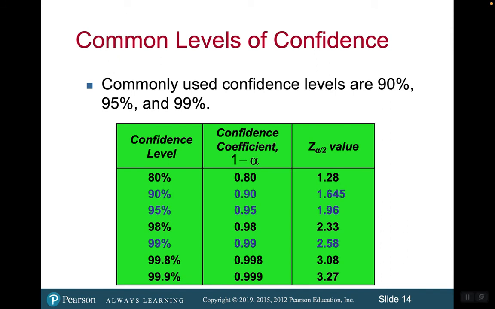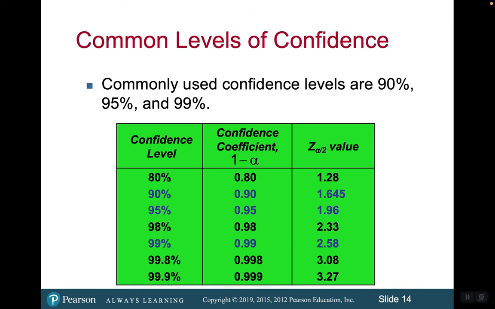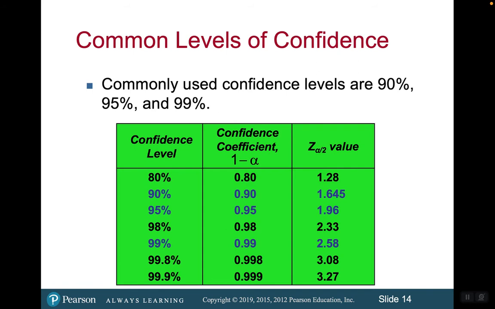All right, so these are the common levels. If you see, this is already done in a table, so we can use a table for this. The commonly used values are 90%, 95%, or 99%, and then we see the z value associated with each.